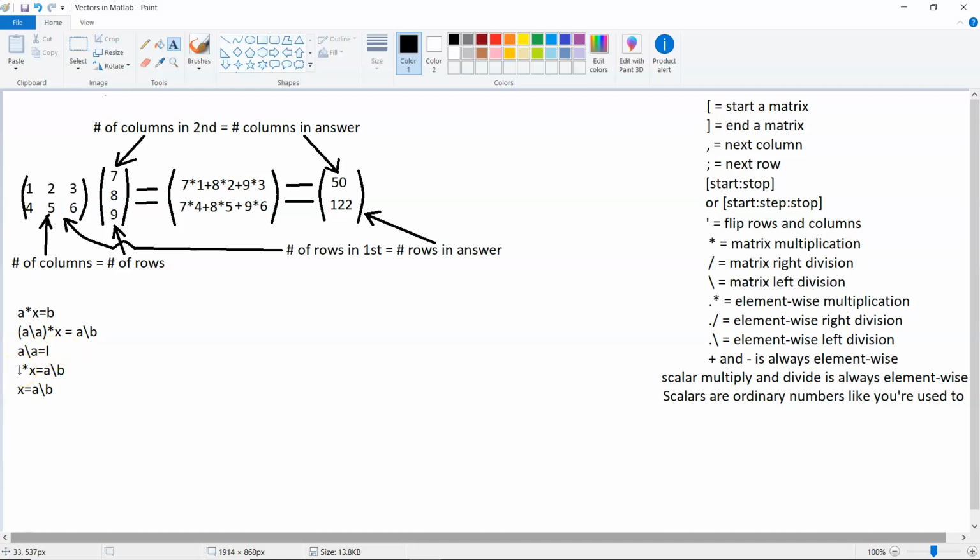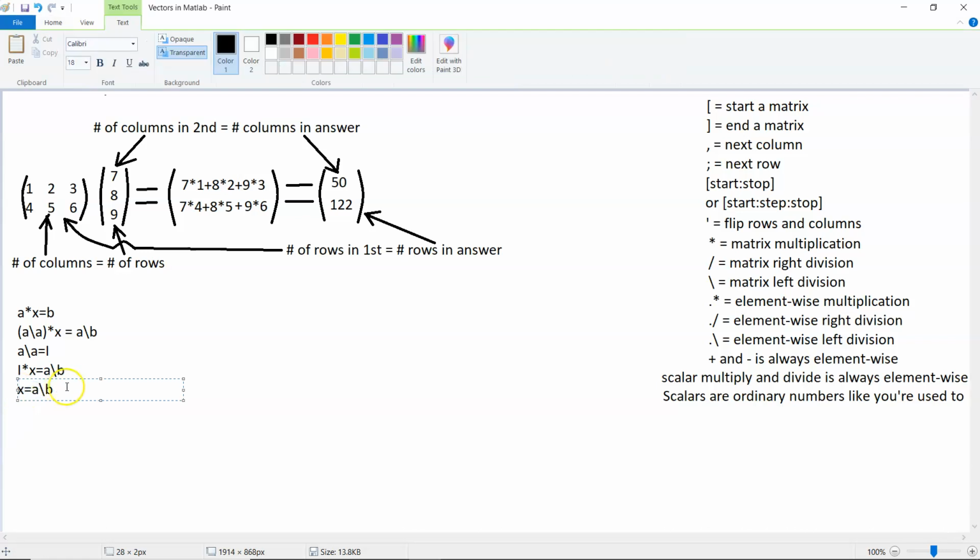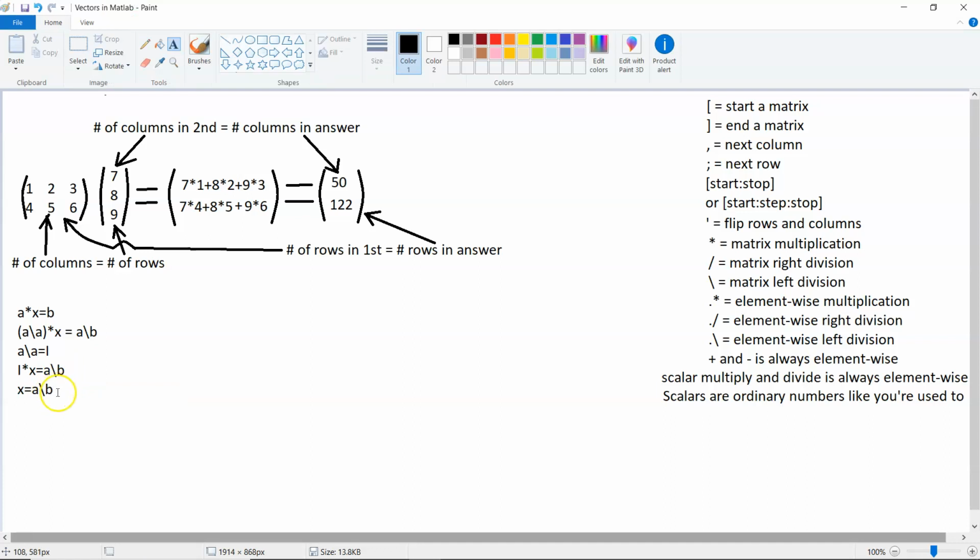But the identity matrix times any other matrix gives you the matrix itself, X. I times X equals X. And of course, the right side of the equation is the same. So this expression right here, X equals A goes into B, solves this equation.